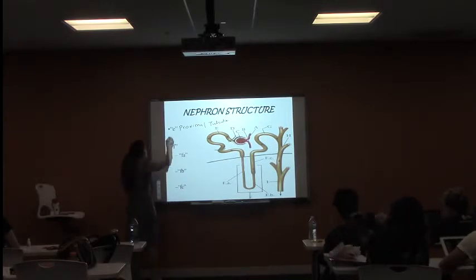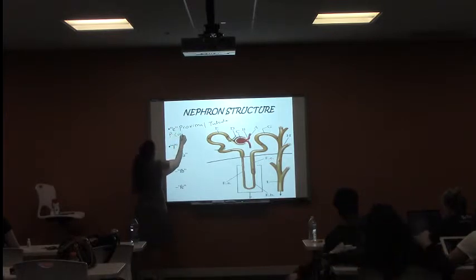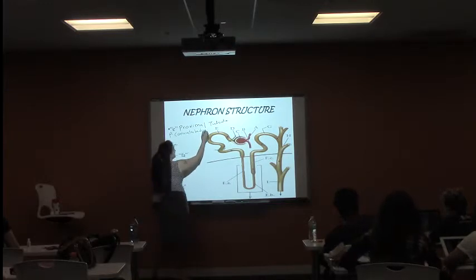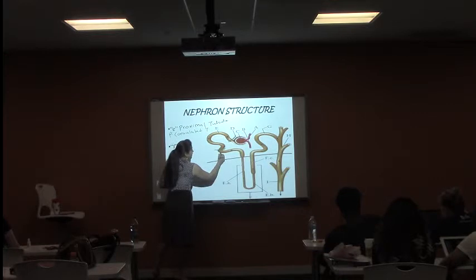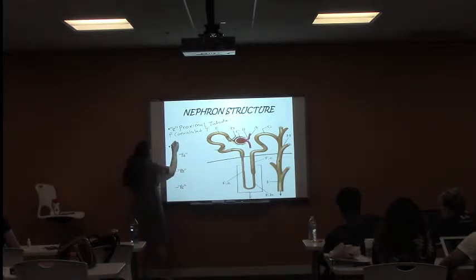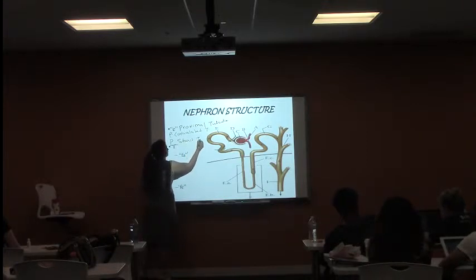Proximal convoluted tubule. Okay, and then this section right here is the proximal straight tubule. Does that make sense?